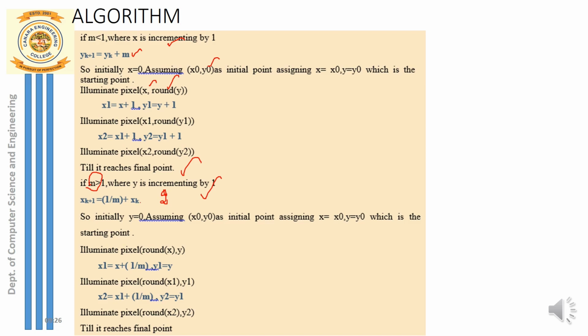So x should be incremented by 1 by the slope. You start with the initial point x0, y0, and now remember the round off function is applied to x, not y. So calculate the x coordinate and y coordinate, and continue until you reach the final end point. This is how you write the algorithm.